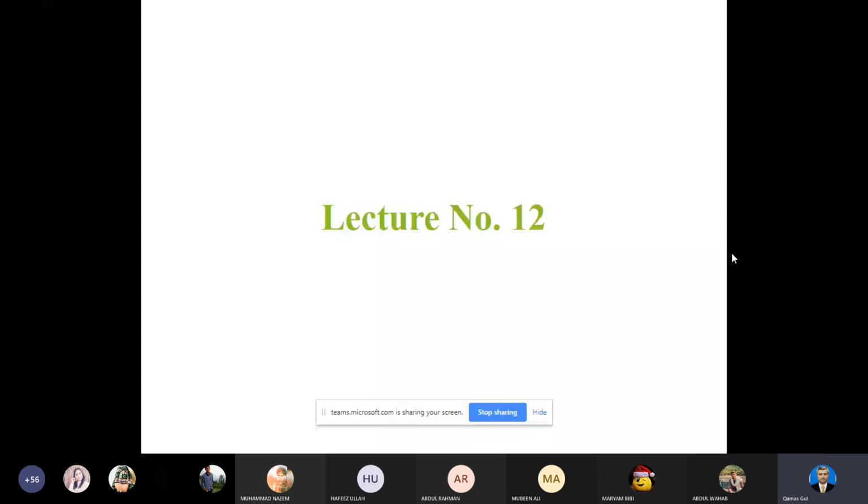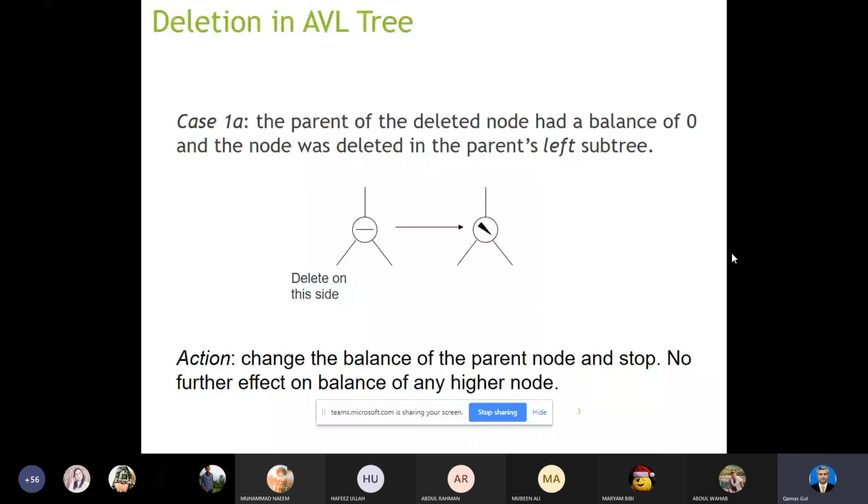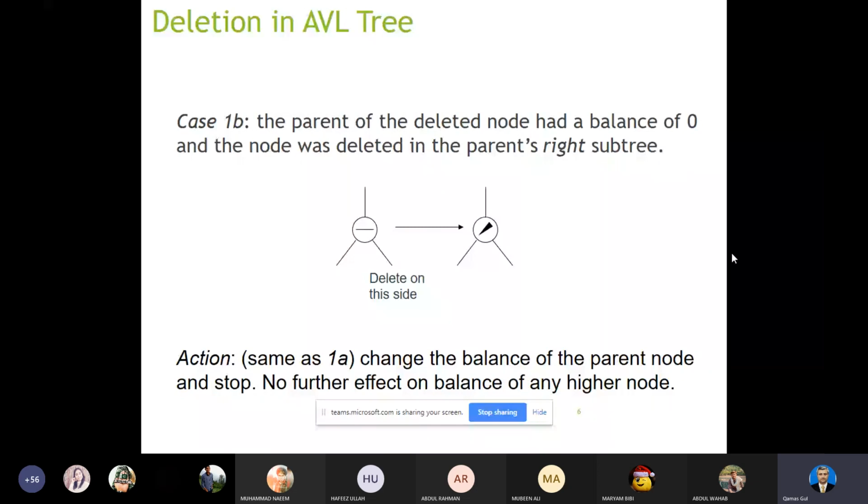So for the deletion in AVL trees, we discussed 5 cases, and we will not be discussing the C++ implementation of the deletion for AVL trees.